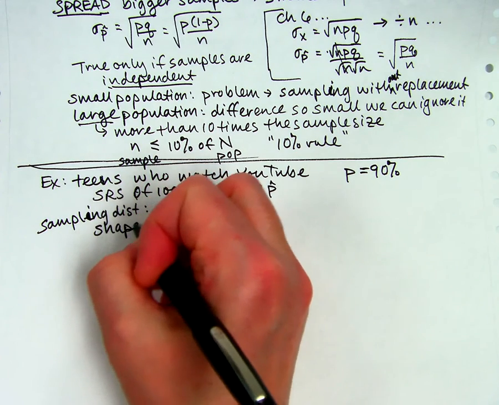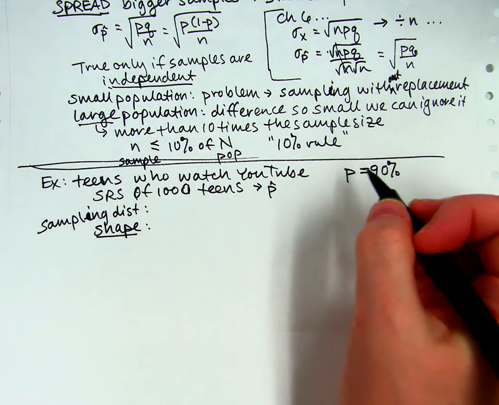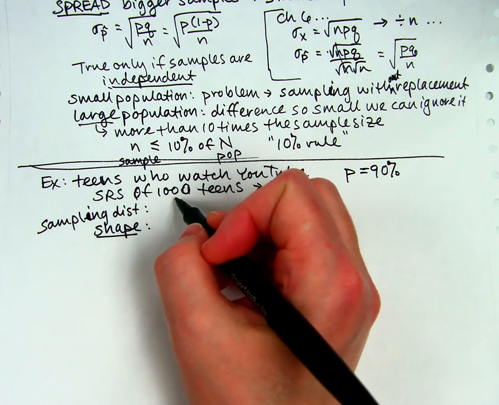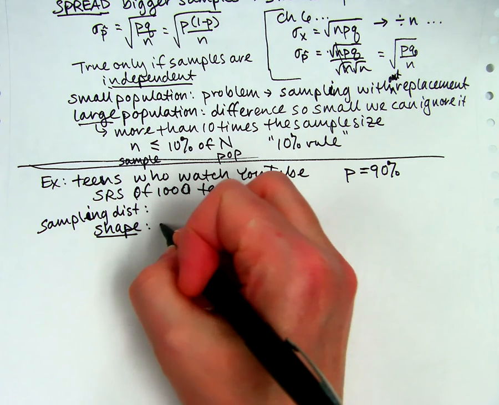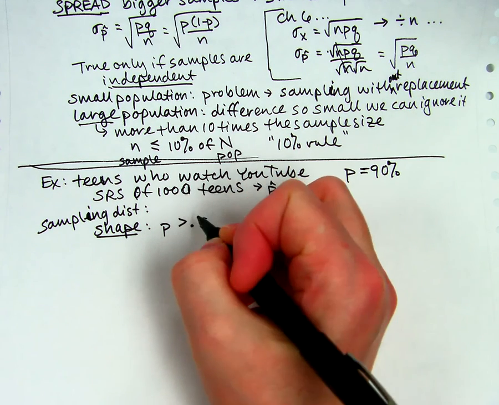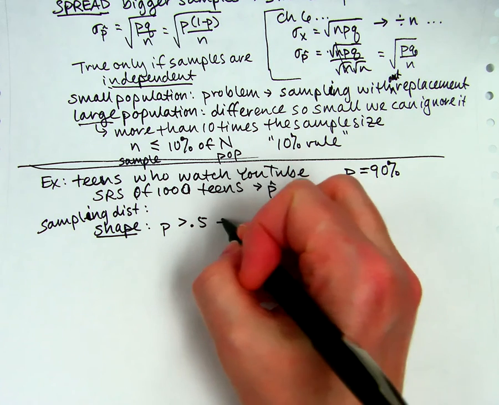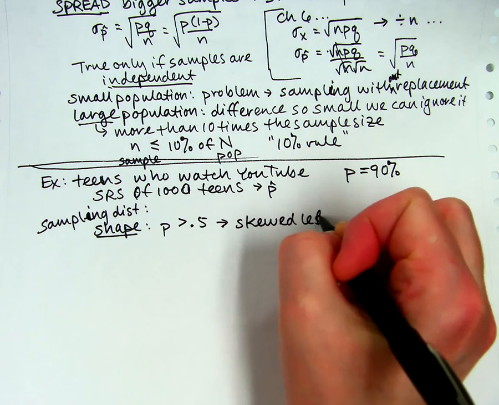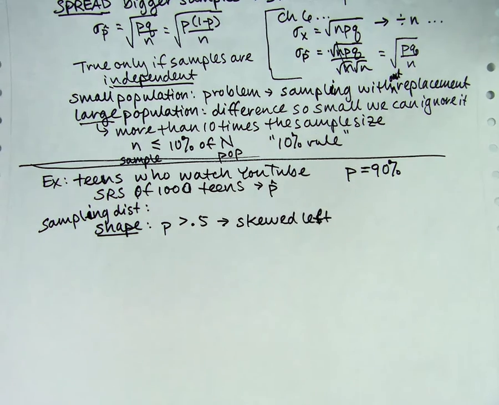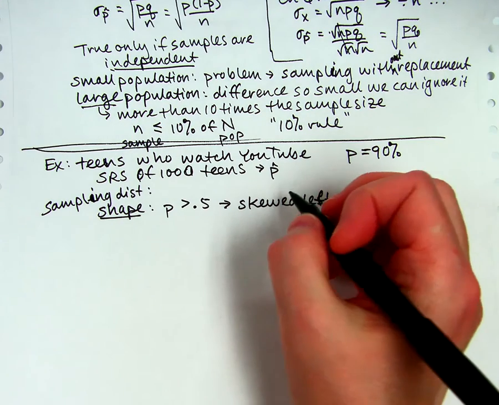Shape. Let's think about the shape. Is this a big enough sample to be, well, actually, let's start with this. P is greater than 0.5. So if it was a small sample, that would mean skewed left, right? But is this a small sample? Well, no, 1,000 is pretty big, and I could check and see just how big it is.